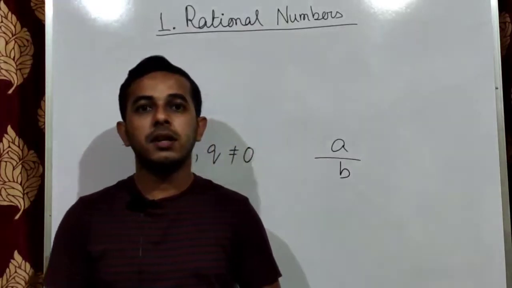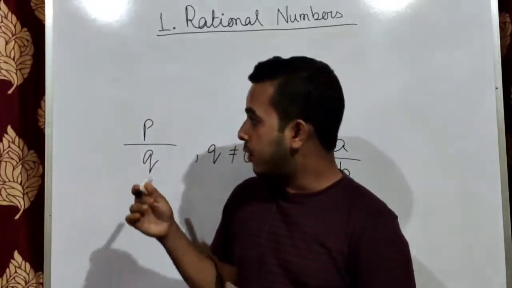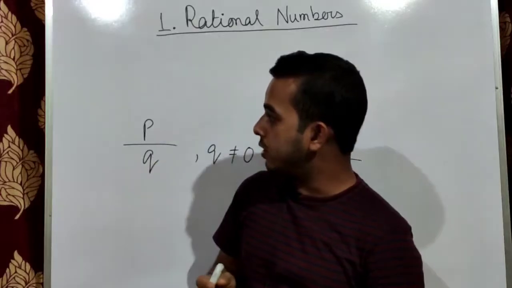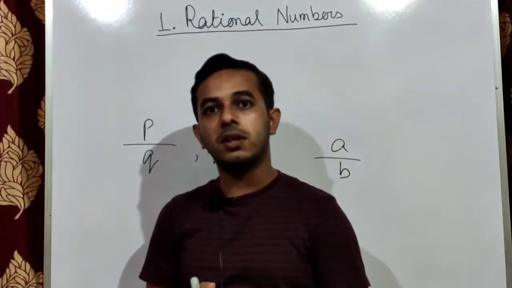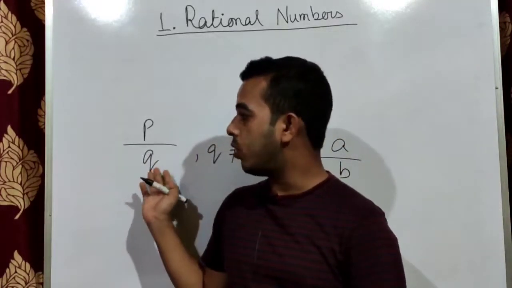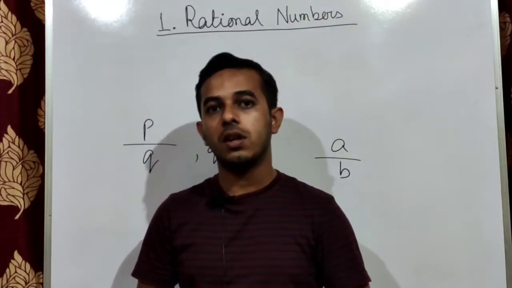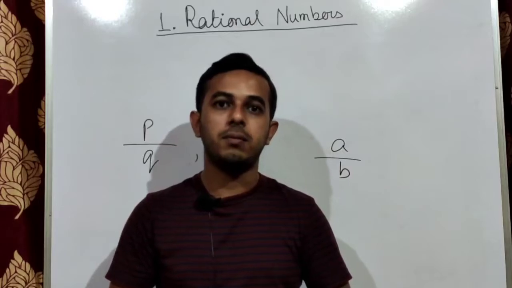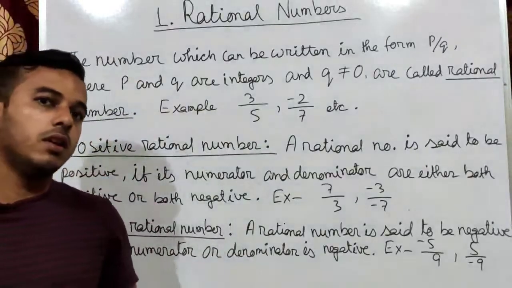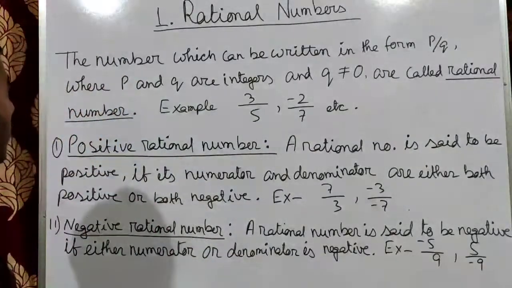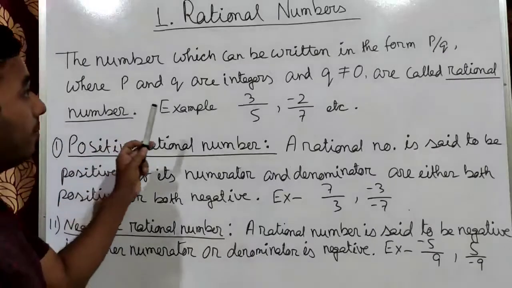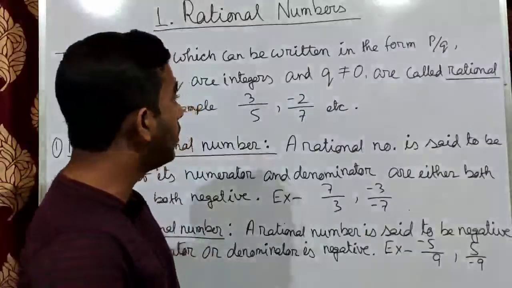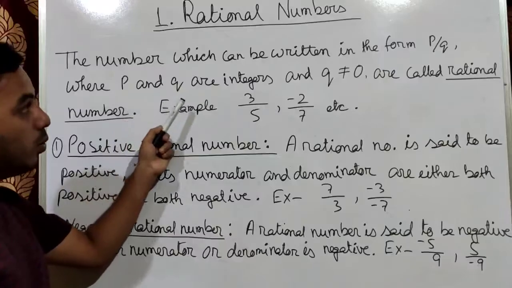And rational number is a form of a number which can be expressed in the form p by q, where q not equals 0. So now let us move to the different types of rational number. So here is the definition of rational number: the number which can be written in the form p by q, and p and q are integers.